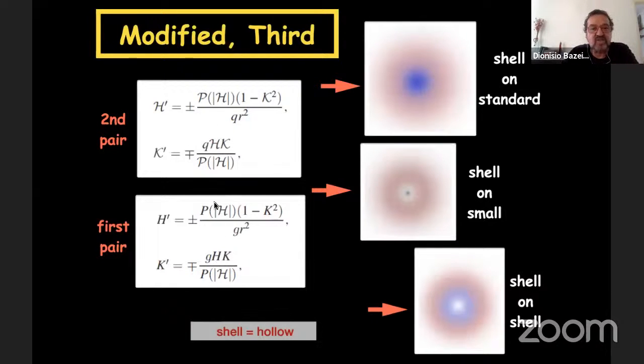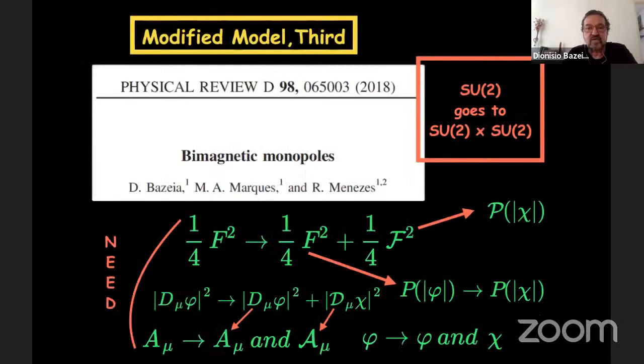And you see that the interaction is here. Okay, capital H and capital K see the calligraphic H, see the other SU2 sector, from this P here. But the second part of equations, they are independent. This SU2 symmetry acts independently of the first one, but they change the first sector.